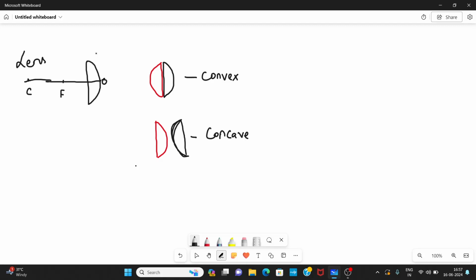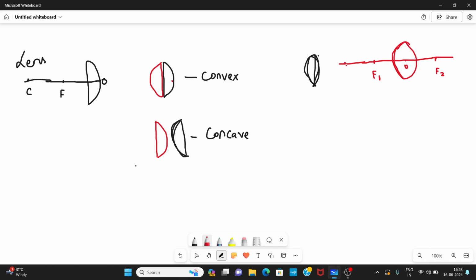Now we are talking about the convex lens. Here we are going to join two lenses, and the two lenses are going to have an optic center which is common. So I have joined them and I am going to draw it as a single figure. The optic center is common, and one side of the lens has focus point f1, and the other side has another focus point f2.